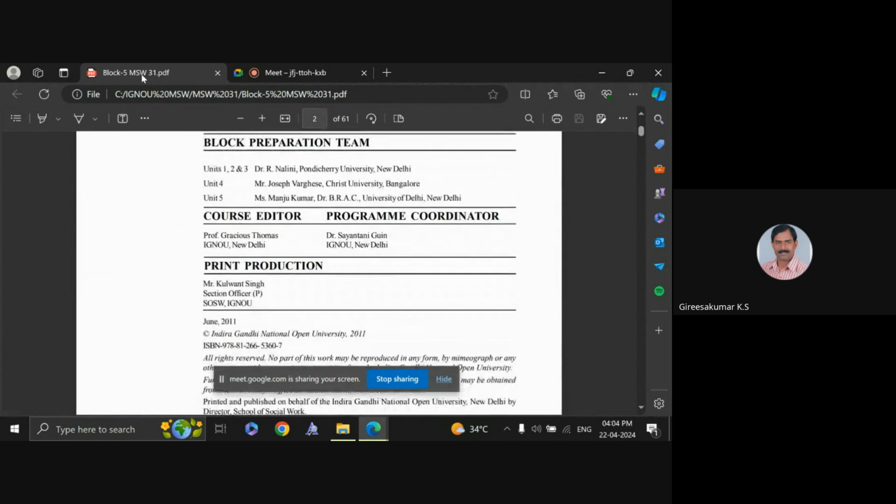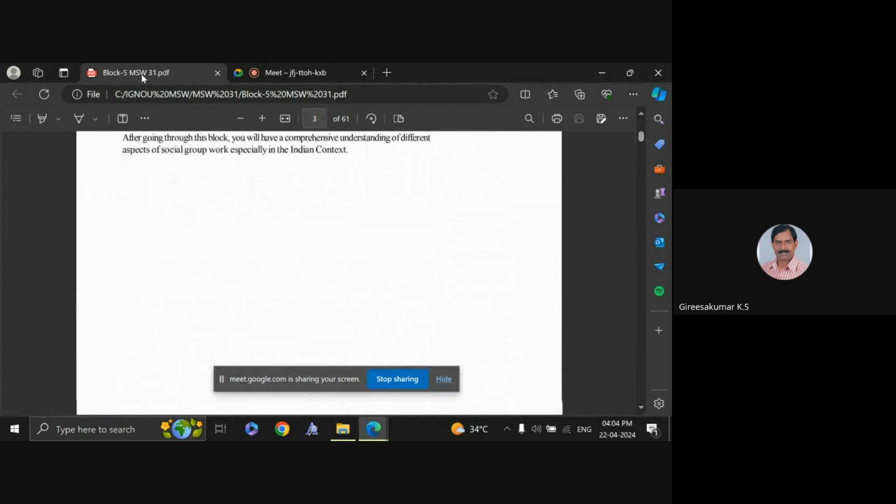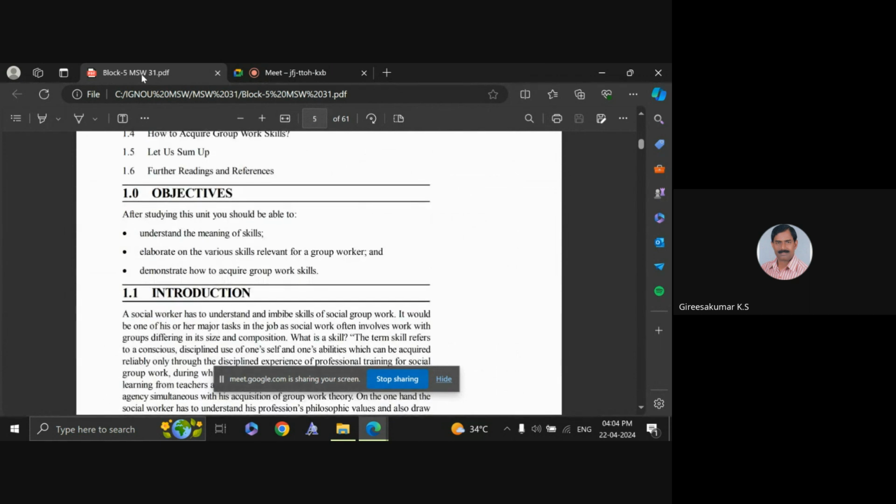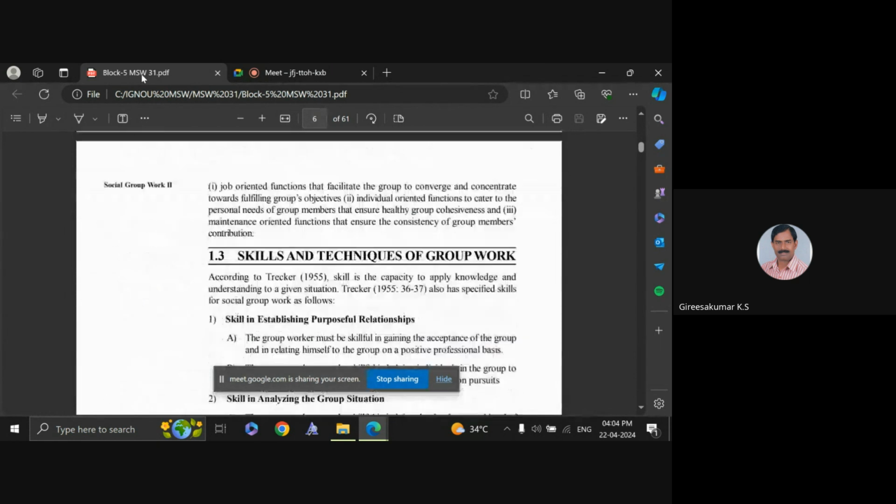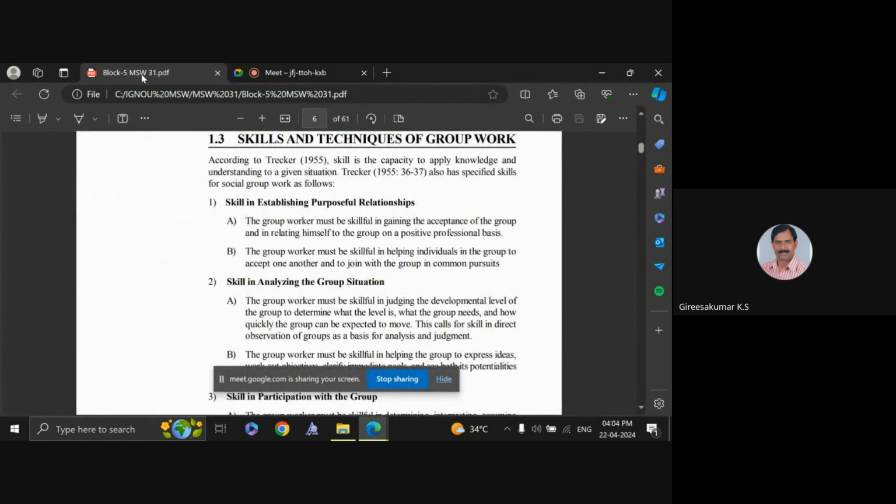And group work. What is group work? Without group work, there is no social work at all, because everywhere, if a problem is to be solved, the help of a social worker is very much necessary. Hence, he or she, the social worker, needs some techniques and skills.